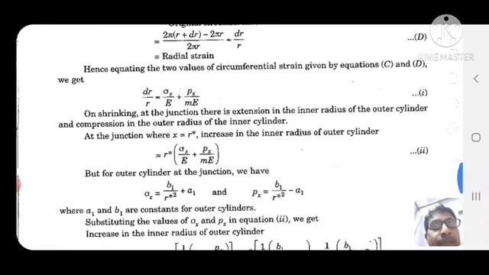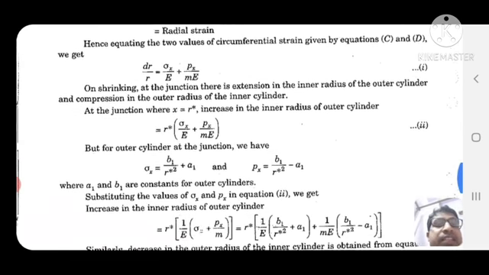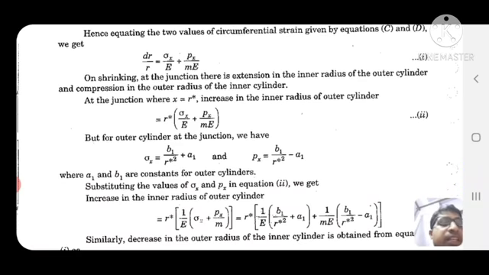On shrinking at the junction, there is extension in the inner radius of the outer cylinder and compression in the outer radius of the inner cylinder. At the junction where x equal to R star, increase in the inner radius of the outer cylinder is R star into sigma x by E plus P_x by m E.